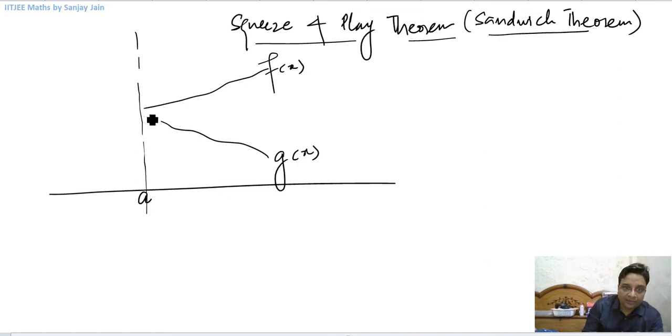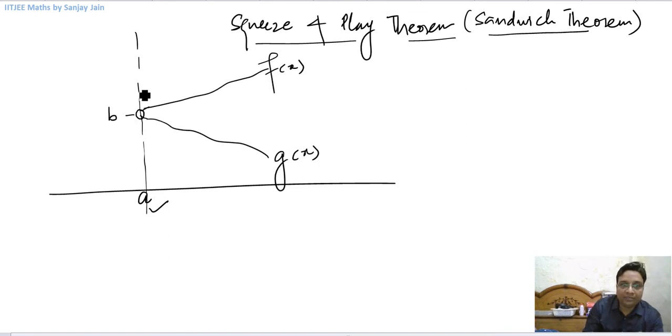At x equal to a, both these graphs are approaching this point, right? I'm not saying that the value of f of x at a is this. No. Let us name this point also. Let's say that this value is b. What I'm saying is that at x equal to a, both graphs are approaching this point, right?